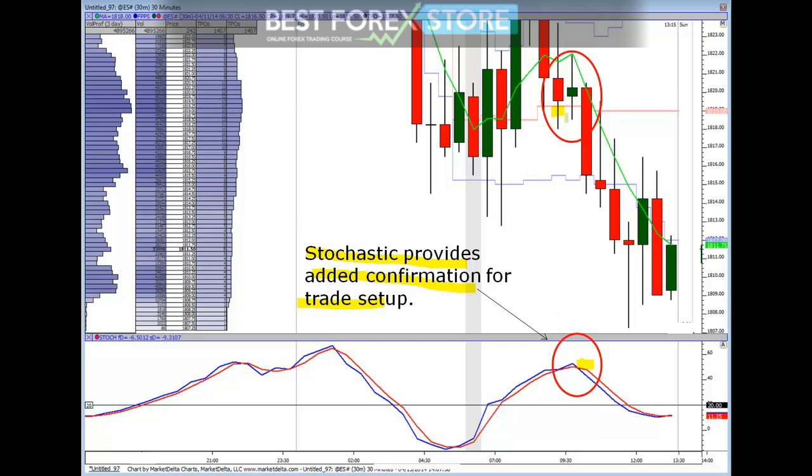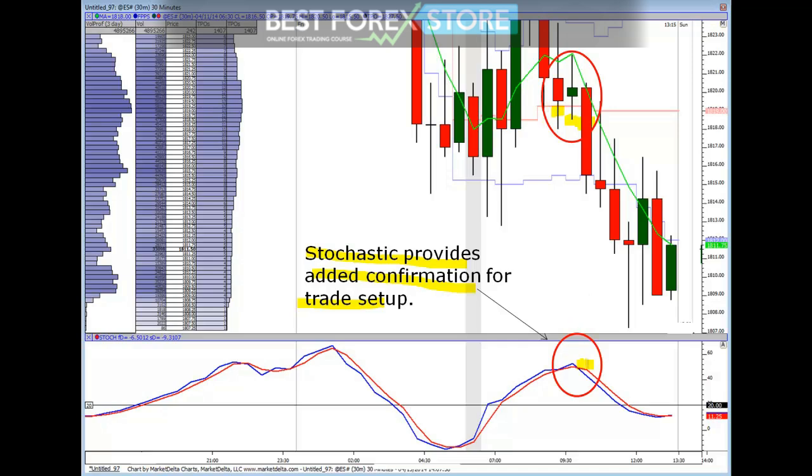We did not have the crossing, but we did here, so you would have entered at probably a better time, but about the same level where you would have entered had you in fact entered when the low of this other prior bar was broken back here.